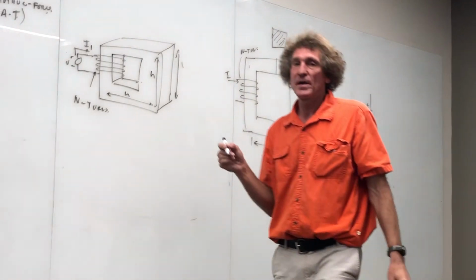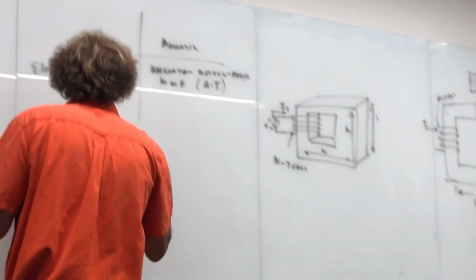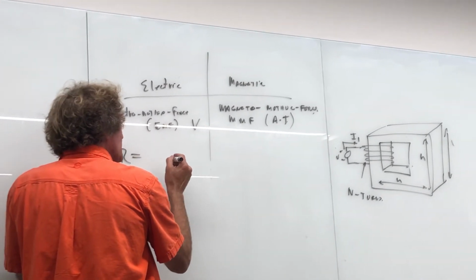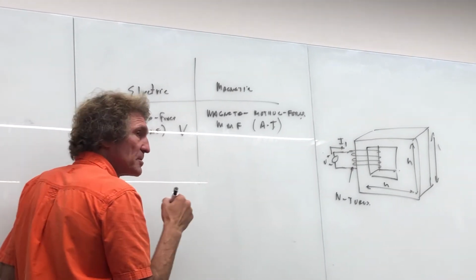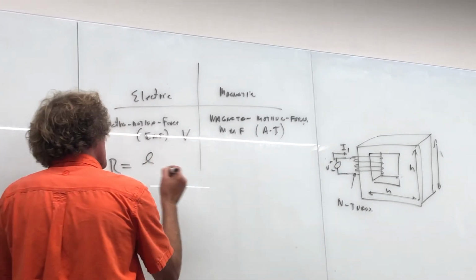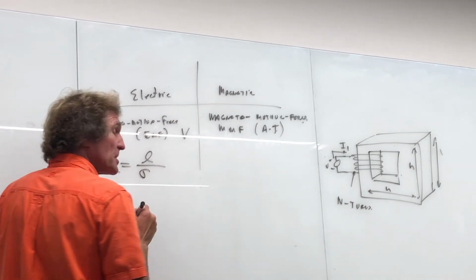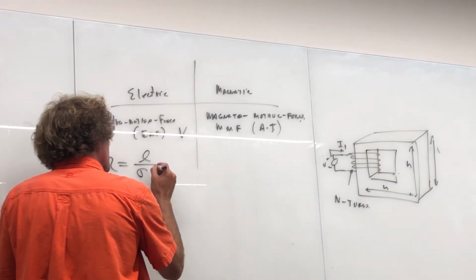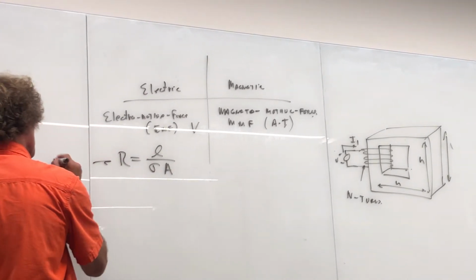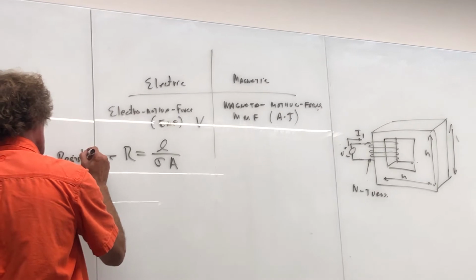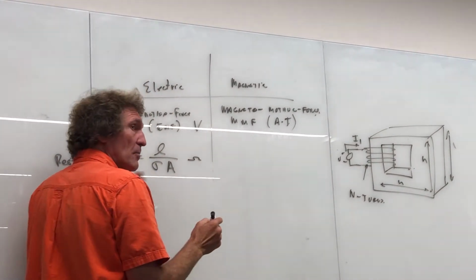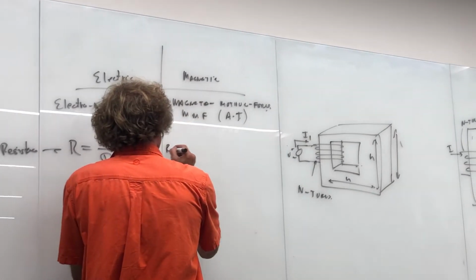Now, over here, for the electric, you had R, a resistance, and R was, for a constant cross-section material, proportional to the length of the material. It's inversely proportional to sigma, the conductivity, and inversely proportional to the cross-sectional area. Do y'all remember that? This is resistance, and it's in ohms, right? Well, here we have something called reluctance.